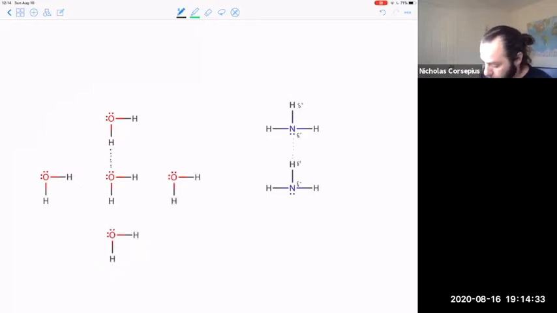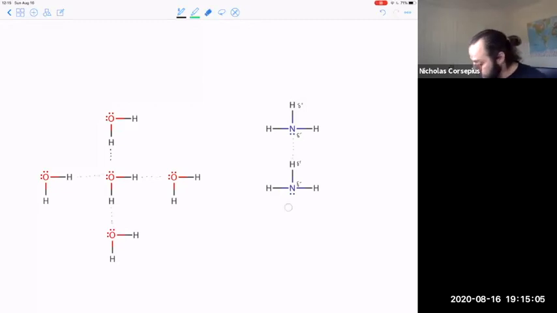Each water molecule, not only does it have 2 donors, but it also has 2 acceptor sites as well, right here as well. So 2 hydrogens that can be donors as well as 2 lone pairs that can be acceptors, which is why each water molecule can, in theory, coordinate with 4 different water molecules at one time, okay?